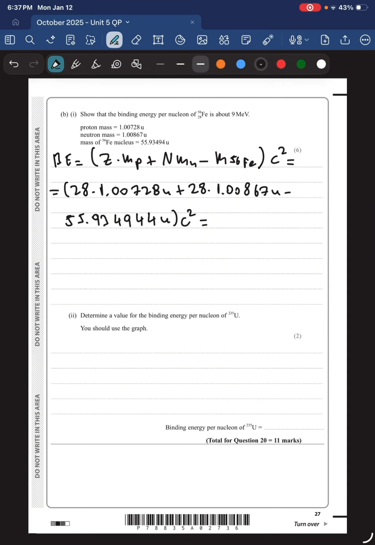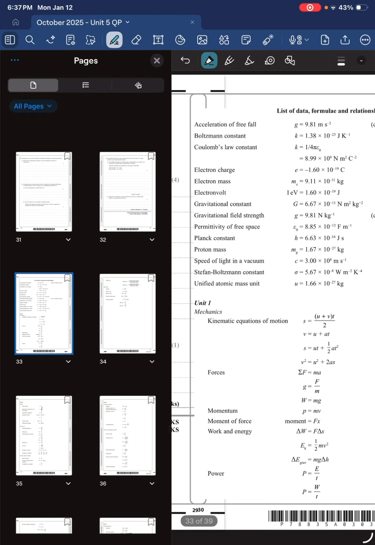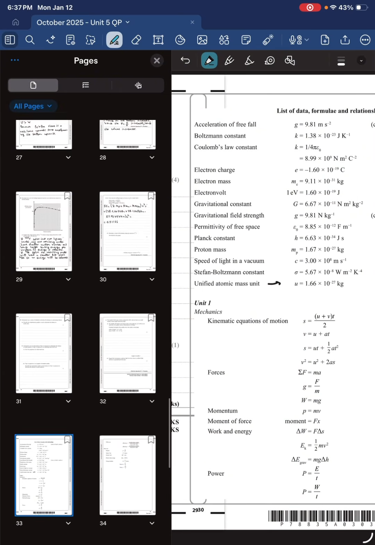And all these lead to 0.51166 atomic mass units. So this is the atomic mass unit. One atomic mass unit is 1.66 times 10 to the negative 27 kilograms.